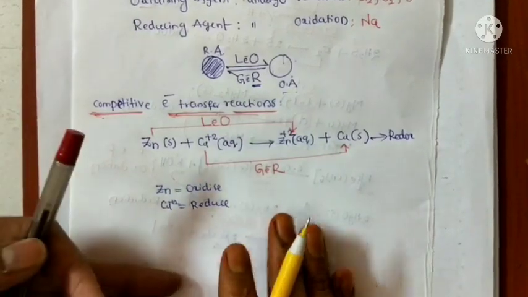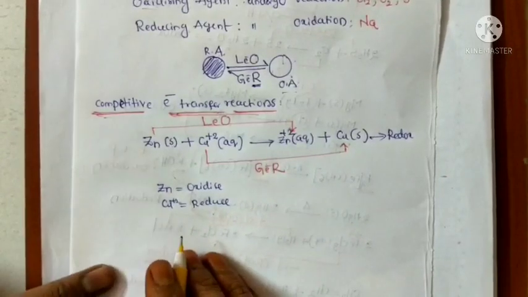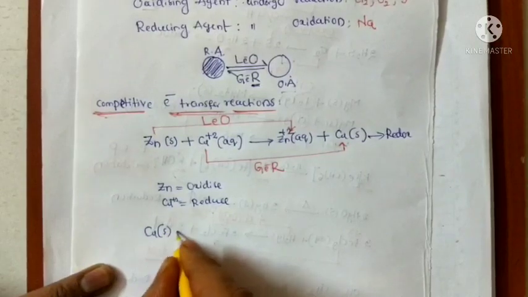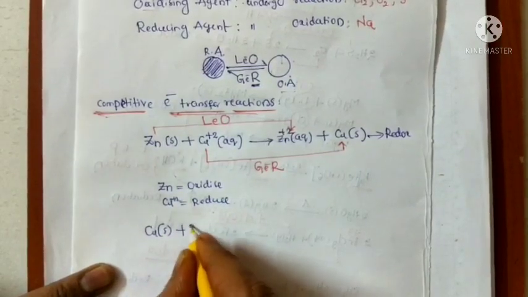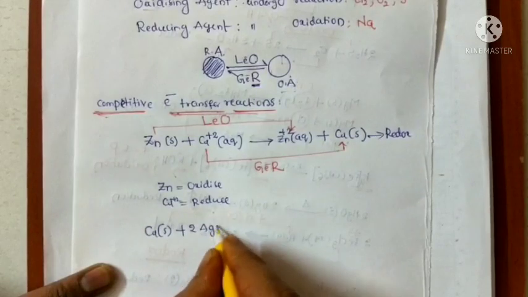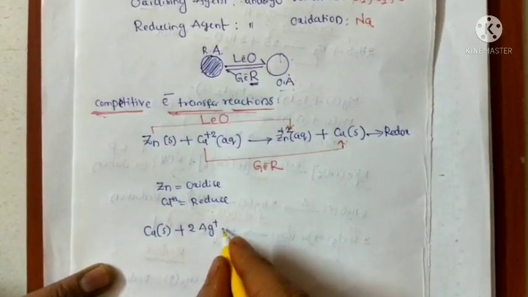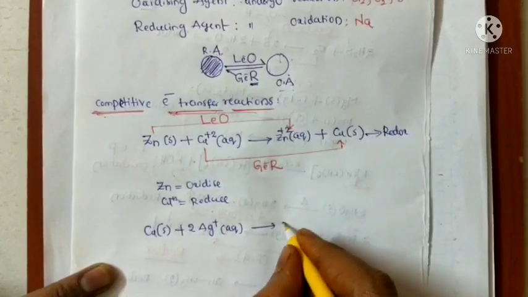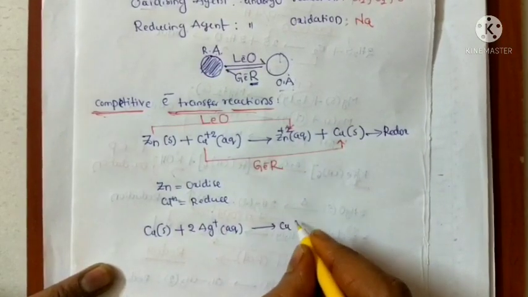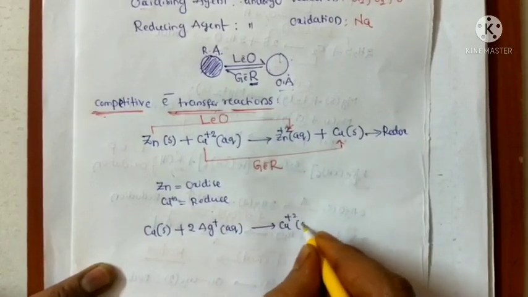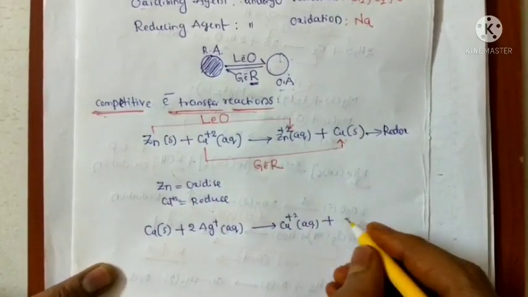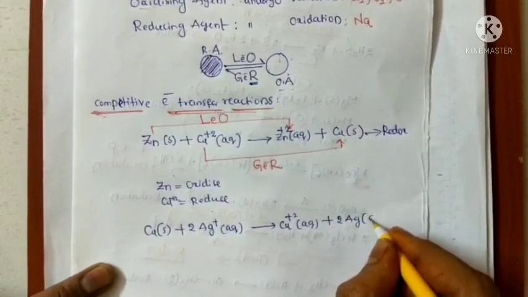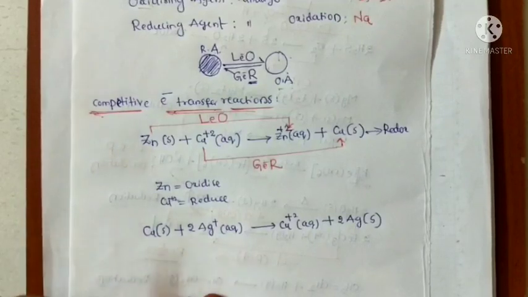Next, another example. Solid copper reacts with 2 moles of silver plus ions to form copper plus 2 ions in aqueous solution plus 2 moles of solid silver.